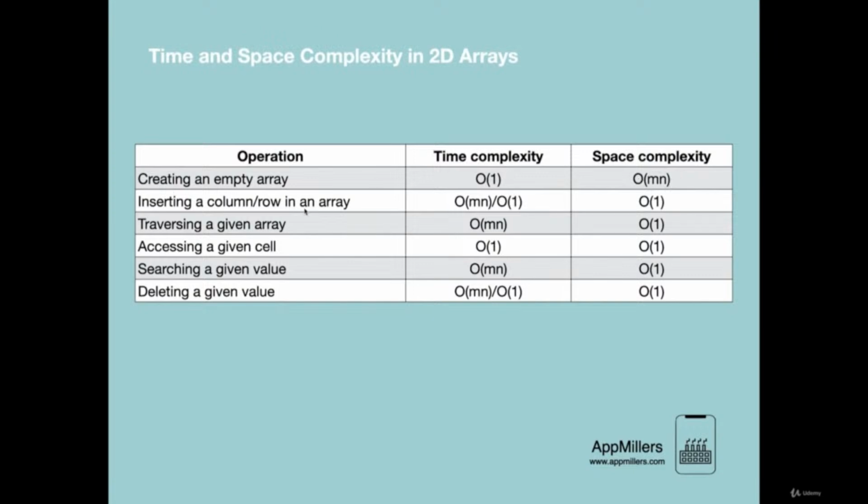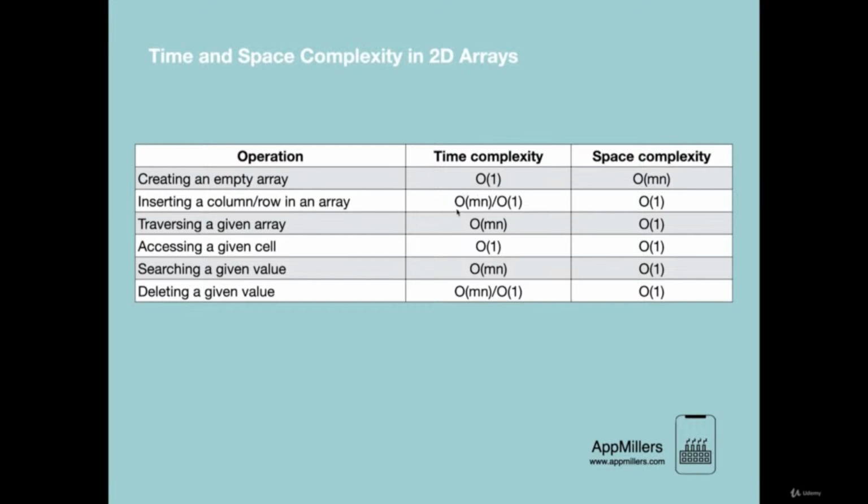The next operation is inserting a column or row in an array. If we are inserting a column or a row at the end of the array, this will take constant time, because in this case we are not moving any row or column to the right or down. But if we are inserting, for example, a column at the beginning of the array, then each column has to move one step right. This will take O(mn) time complexity.